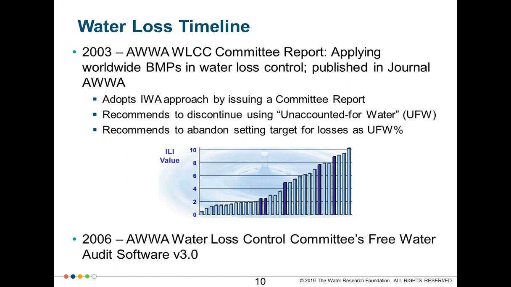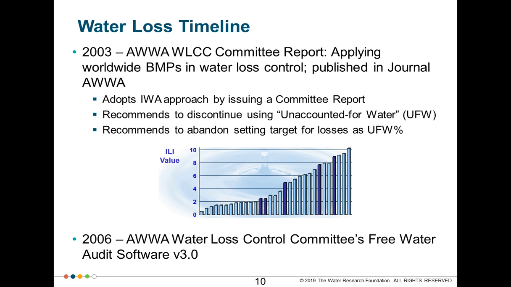So in 2003, the AWWA Water Loss Control Committee put out a committee report, and in that committee report recommended the adoption of the IWA approach toward water accountability, and to discontinue the use of the term unaccounted for water, and not to use unaccounted for water as a way for target settings, and use other performance indicators, in this case such as like the ILI, which you'll hear about later on in the presentations.